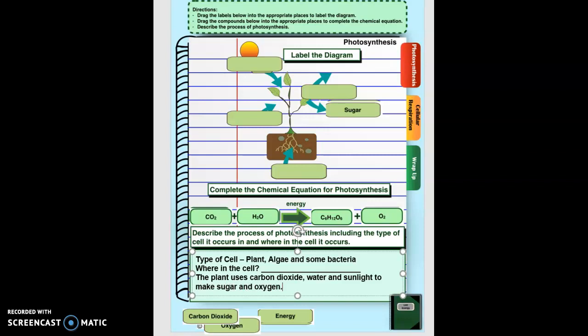Okay. And if you need to slow that down, you can pause me and rewind, and that way you can go back and get that. So you should have finished labeling this top formula up here, what's going in and out, using these down at the bottom. You should have done all this with me, and tell me what organelle right here does photosynthesis occur in.